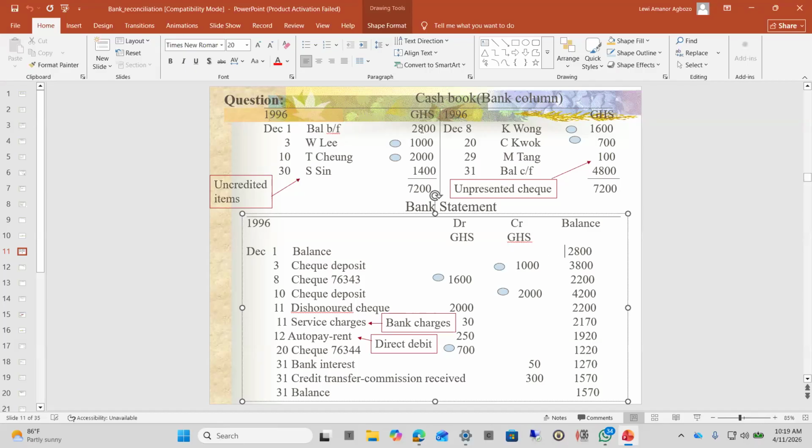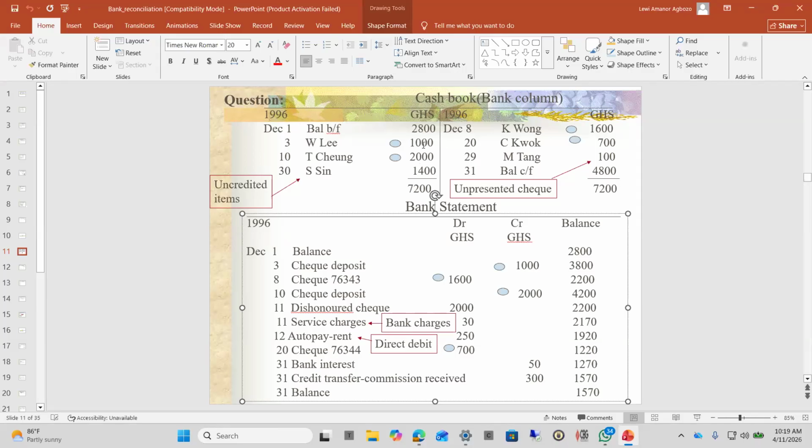We saw here that the 2,800 opening balance is the same as in the bank statement. Is that correct? Yes, sir. Now, we also saw that on the 3rd, we received 1,000 cedis from W. Lee.